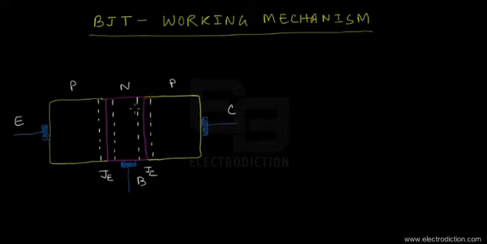The white dotted lines represent the width of the depletion regions formed across the emitter and the collector junction.